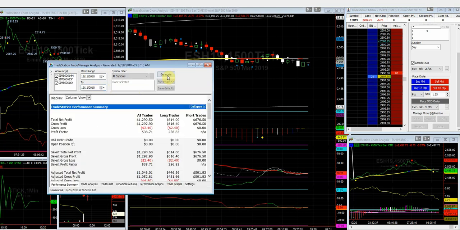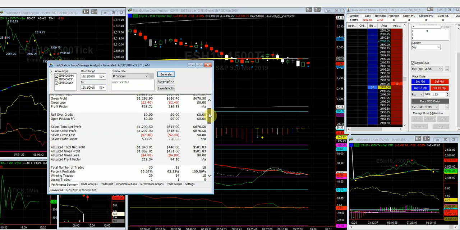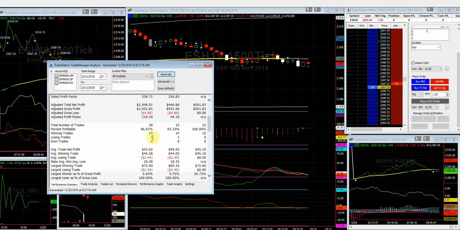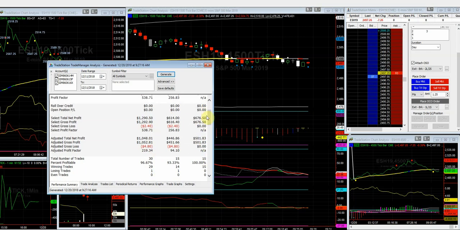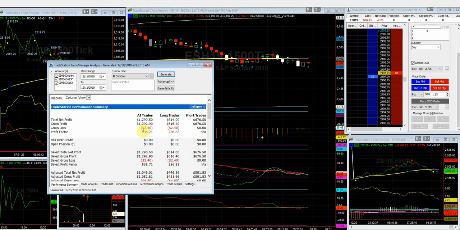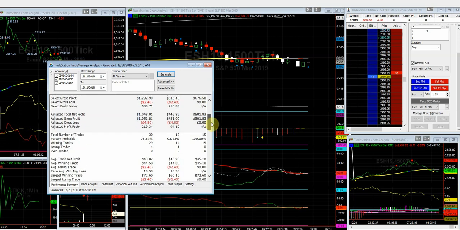And as you can see here, we took 30 trades, 29 were successful, 1 was unsuccessful for $2.40. And out of the 30 trades, 15 were long and 15 were short. So one of the longs did not work. And this is what we're going to be looking for.